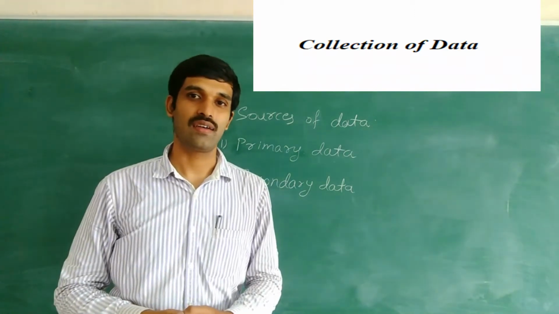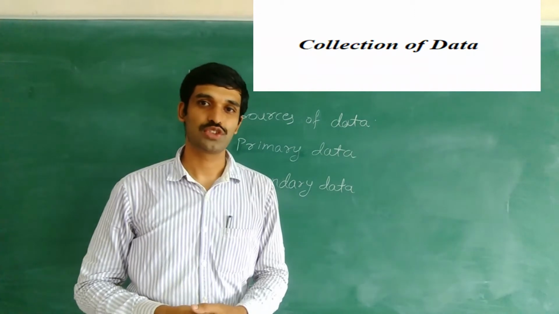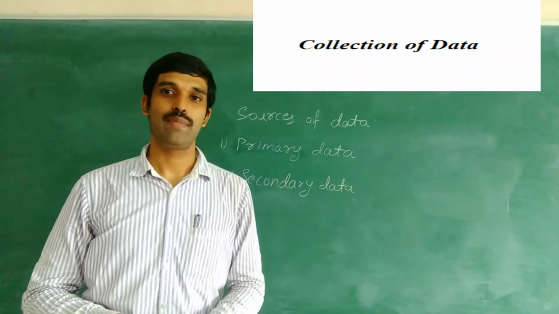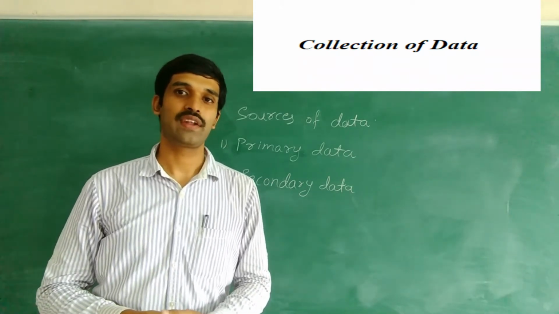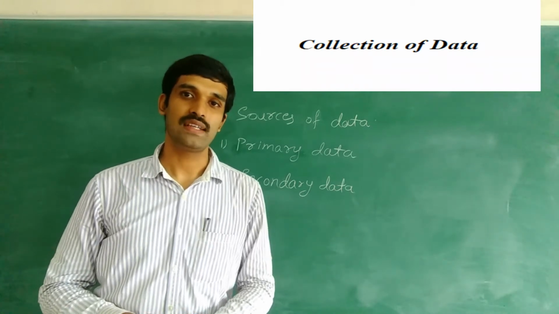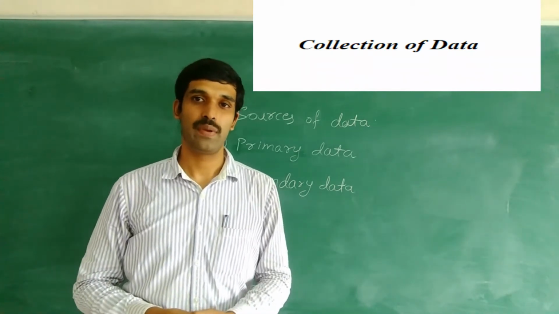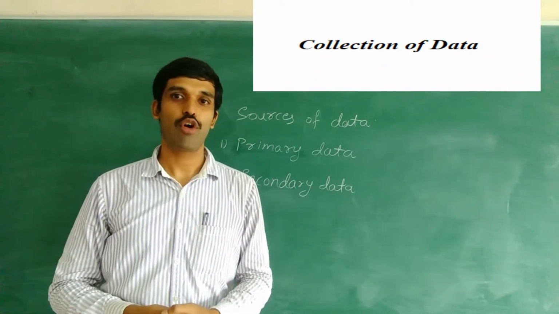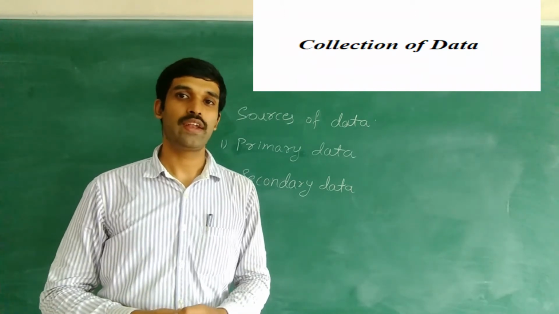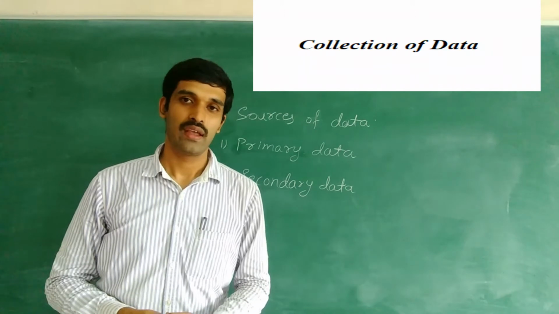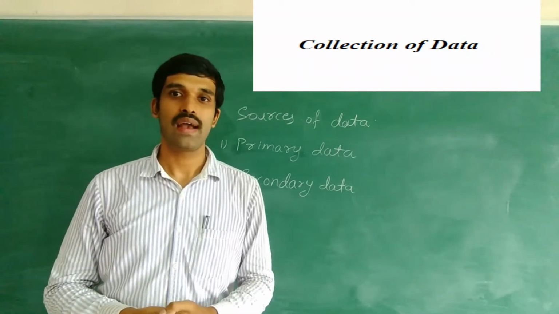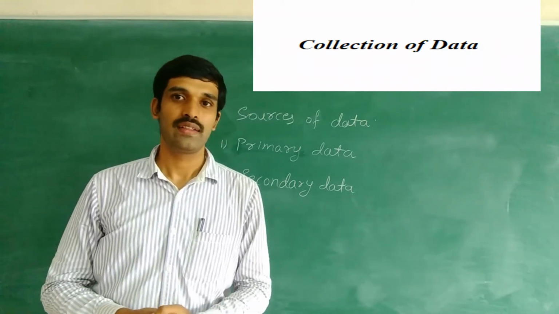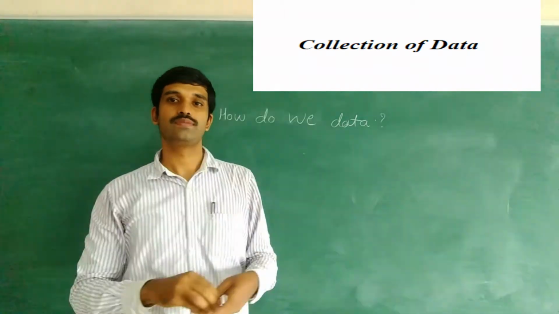If we are collecting data from published sources like a newspaper, books written by some authors, or any magazines or from the internet, that type of data are called secondary data. For example, we have already discussed the popularity of film stars. If the data about the popularity of a film star or a cricketer is already collected and published in any newspaper or magazine, then we are collecting data from those sources. They are called secondary data.